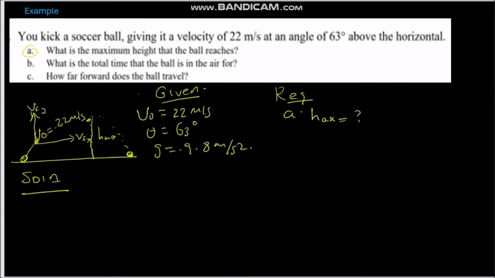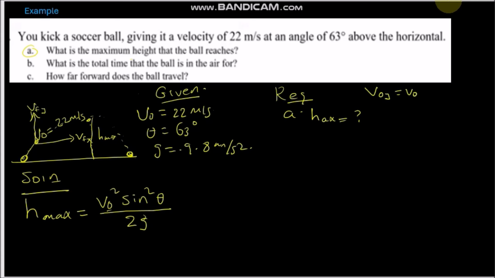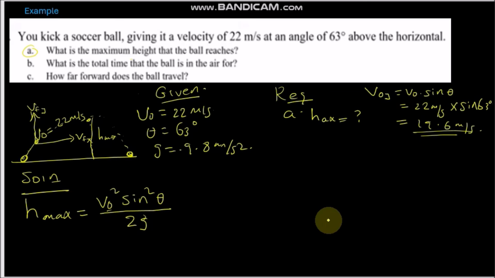Before calculating this, let's find v naught y, which is v naught sine theta, equal to 22 meters per second times sine 63 degrees, which is equal to 19.6 meters per second. You can use your calculator for the exam, no problem.